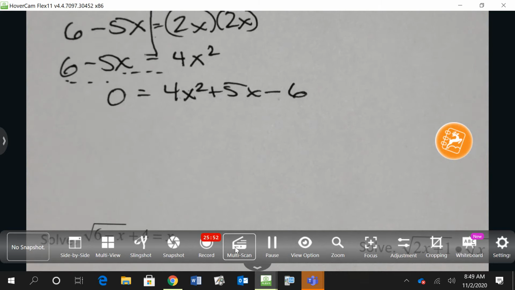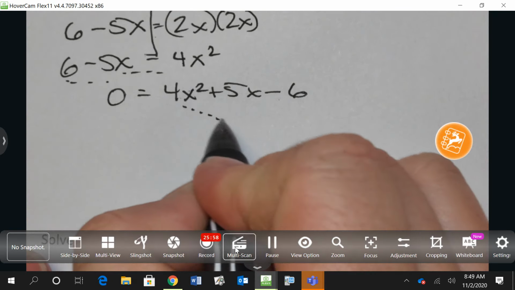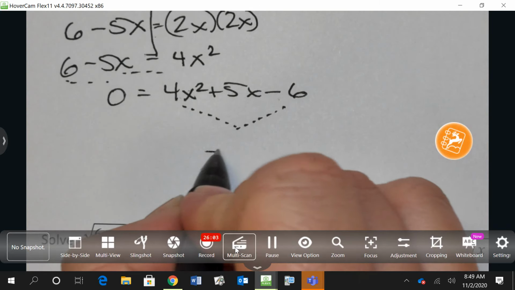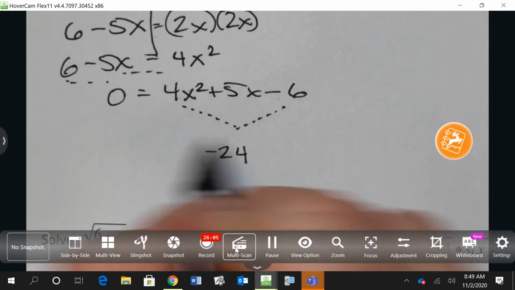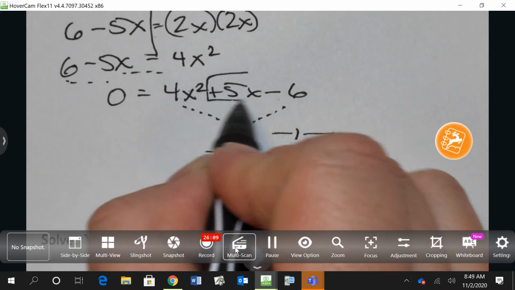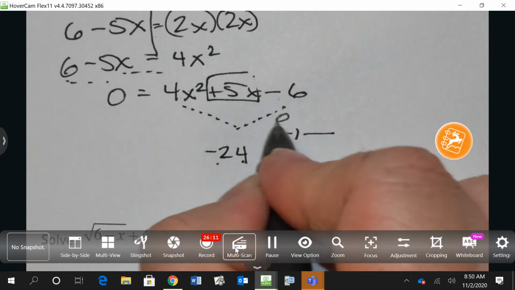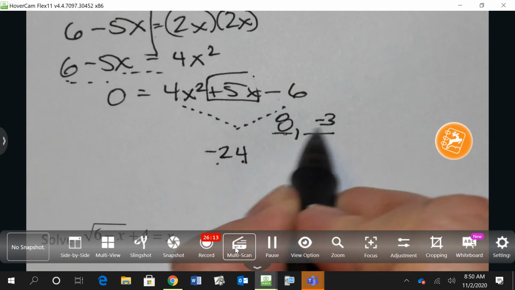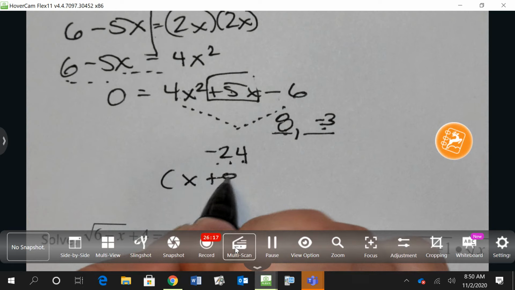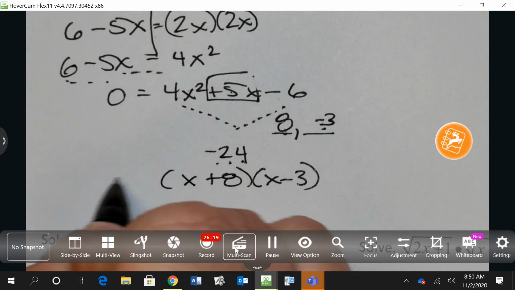We can always solve using completing the square or the quadratic formula. That's up to you. So I'm going to check to see, is this factorable? 4 times negative 6 is negative 24. I'm looking for two numbers that multiply to equal negative 24 but combine to give me 5. 8 and negative 3. I want to check. Yes and yes. Okay. So x plus 8 and x minus 3.